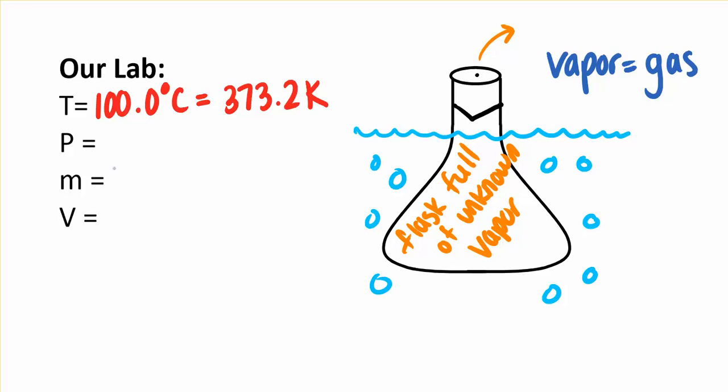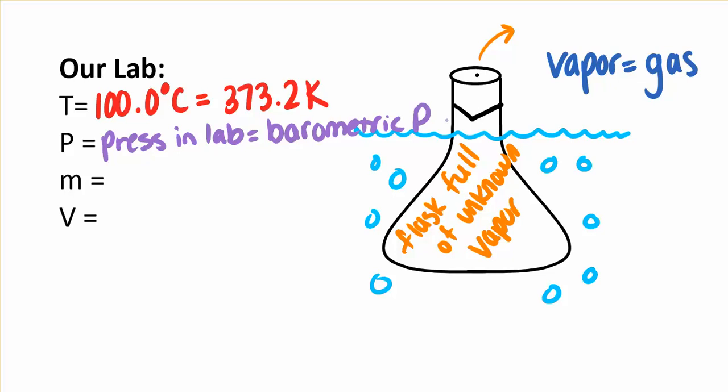So the pressure is actually equal to the pressure in the lab, which is called the barometric pressure. And I will measure that and put that number on the board. I will put it on the board in millimeters of mercury, and you will need to convert it as well. But anyway, that's pretty simple.